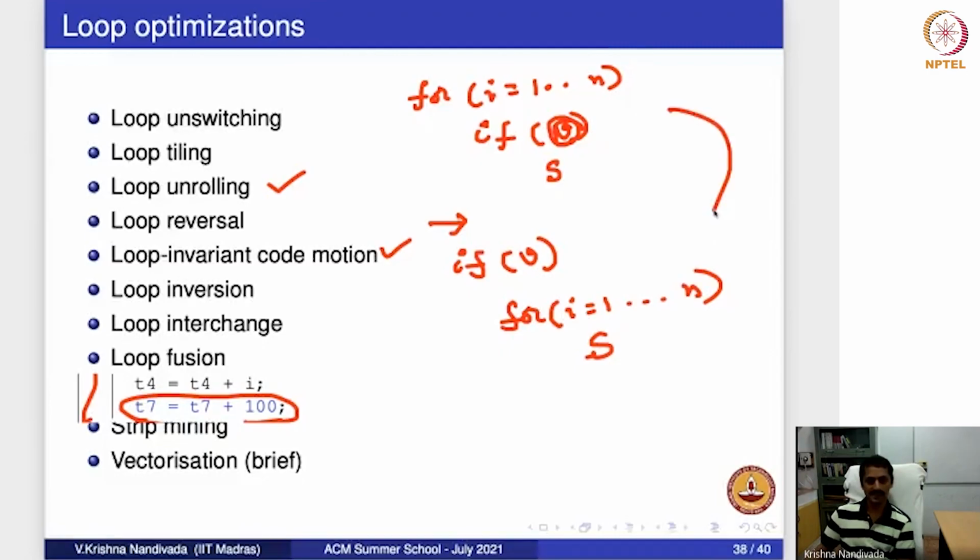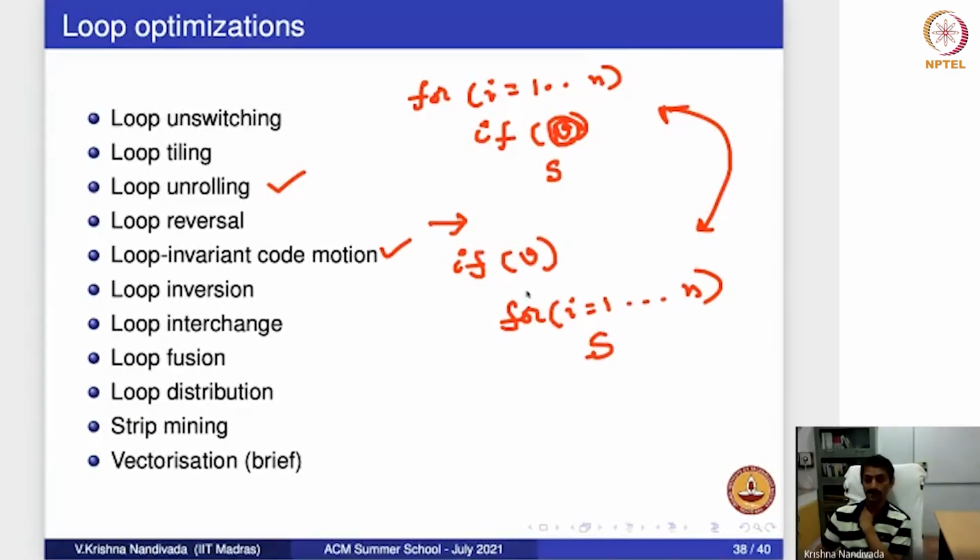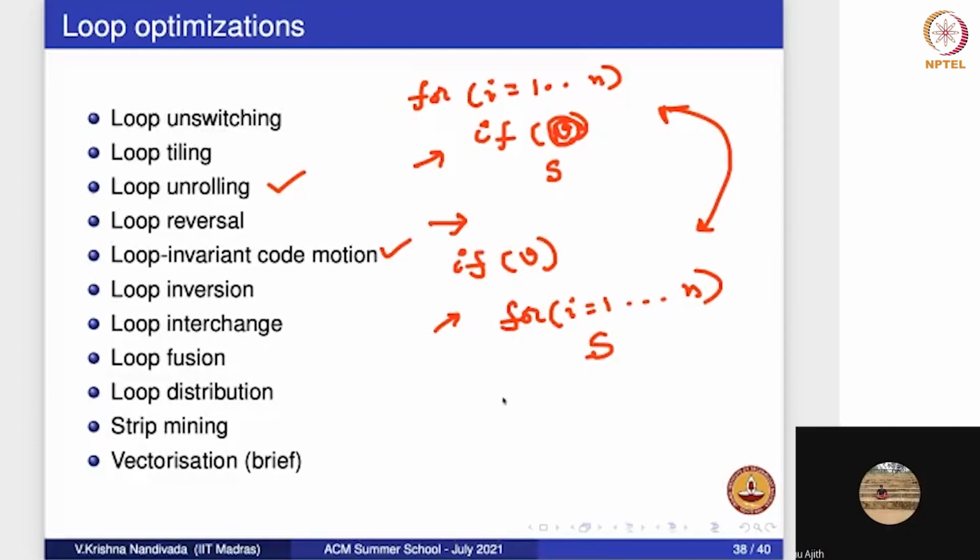What's the difference between this and this in terms of performance? Anyone? The branch is only executed once. The condition is only executed once, right? So this is a far better code, far improved code than this. So now the question is, when can you do this transformation? Can someone tell when can I move it out? If the value of V isn't really affected by the loop, what happens in the loop?